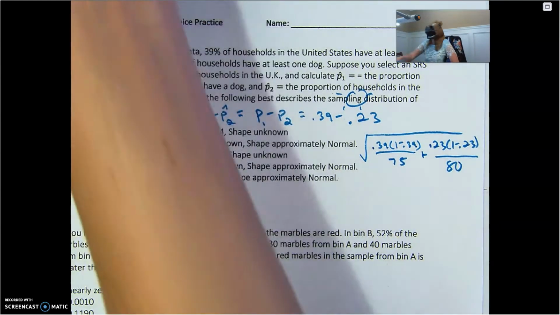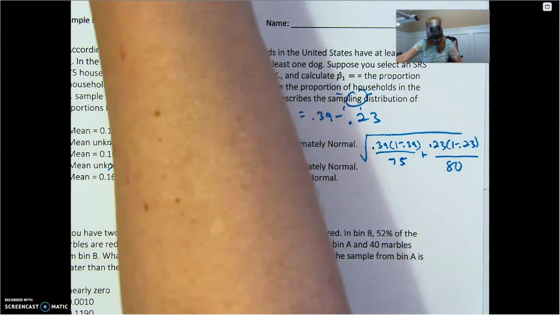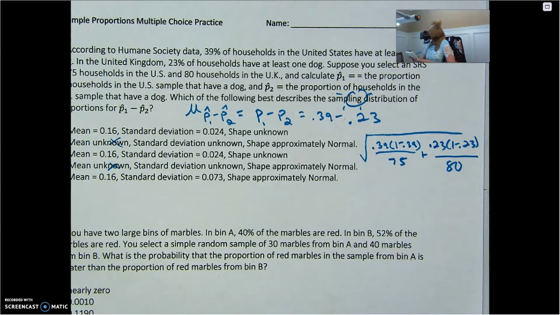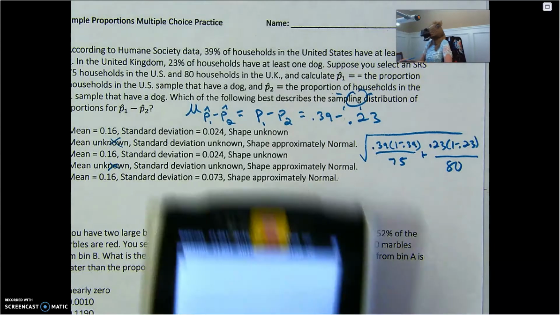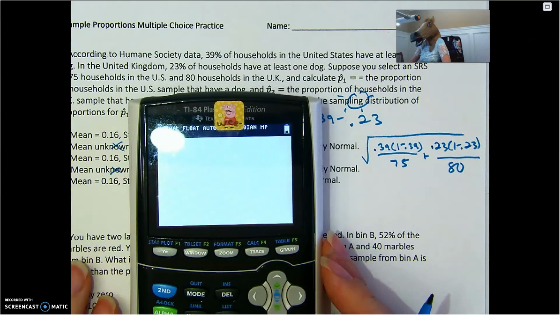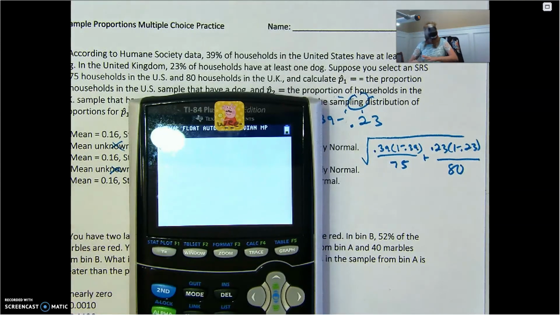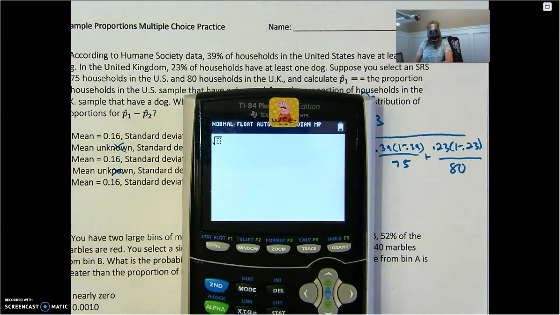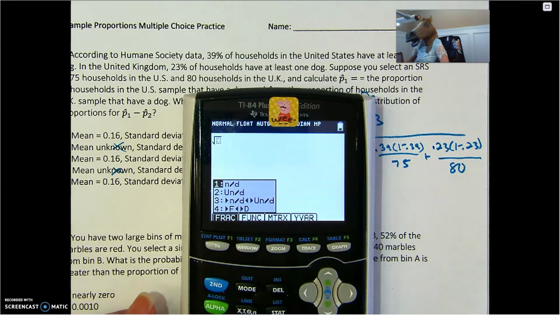All right, let's grab our T.I. Joe and see what we can find. Woo! All right, so you're going to get your square root going. There we go. And then I'm going to use the alpha y equals shortcut so that I can get my fractions all set in there.